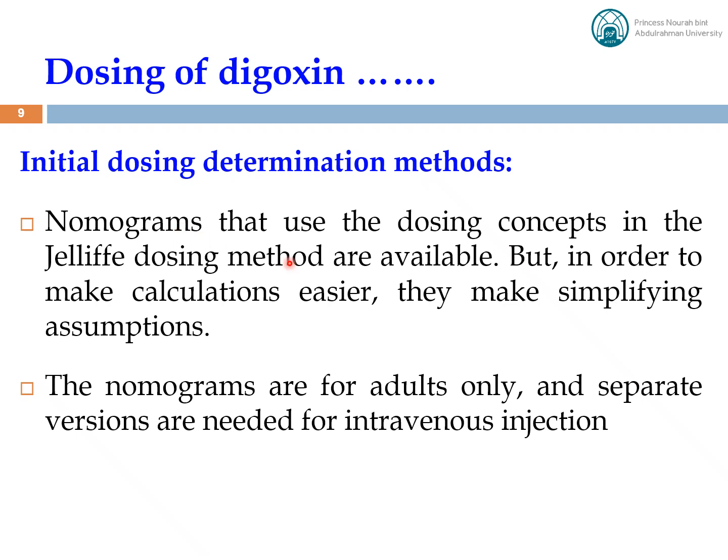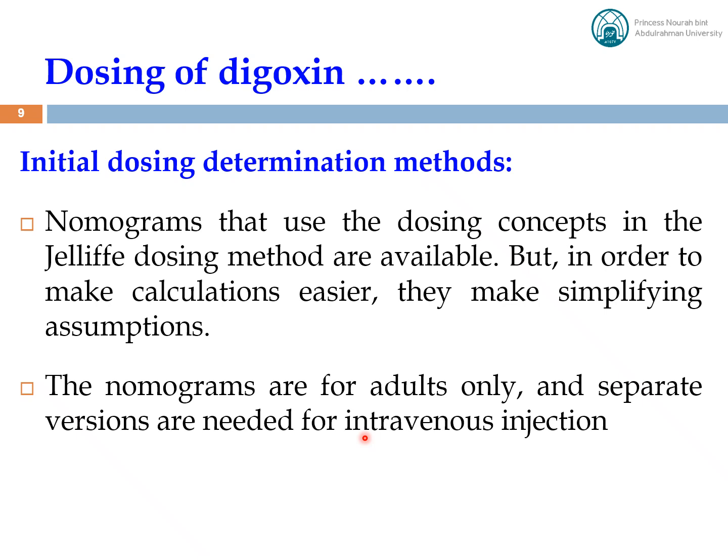But in order to make calculations easier, they make simplifying assumptions. There are certain assumptions to make calculations easier. The nomograms are for adults only, and separate versions are needed for intravenous injections. So we have nomograms for dosing administration of digoxin.